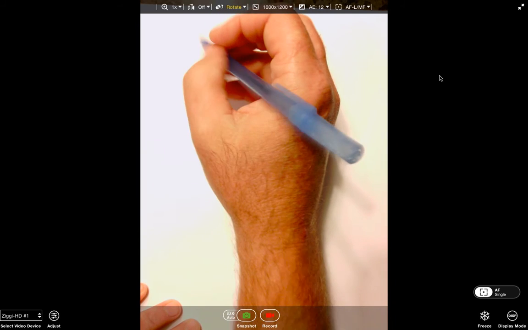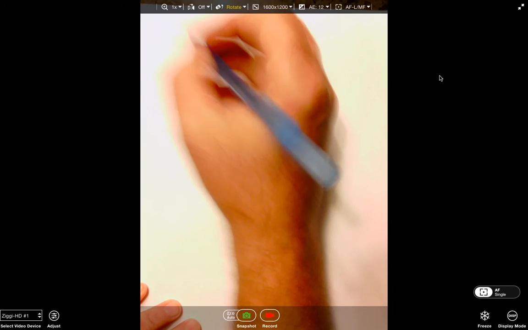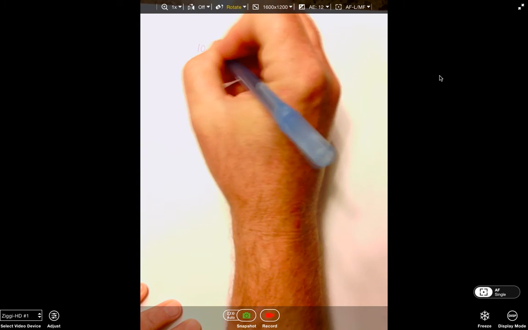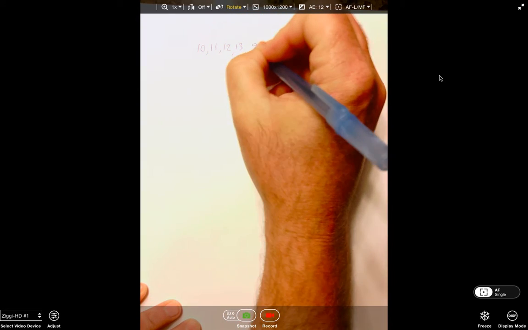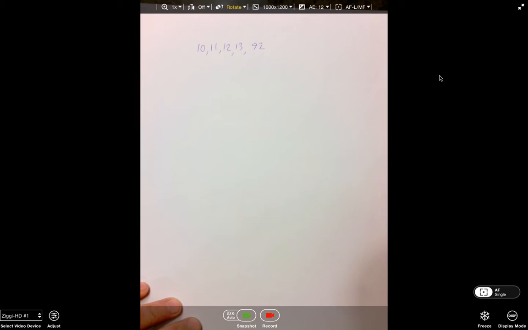Now, why does that even matter when it comes to the range? Well, guys, imagine if we had the following scores: 10, 11, 12, 13, and 92.